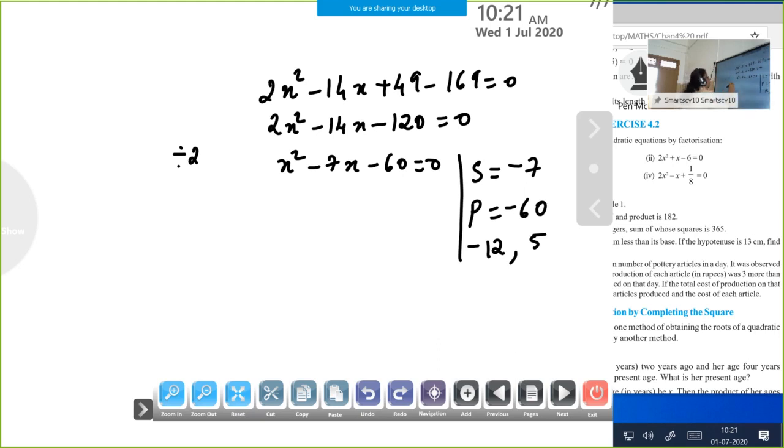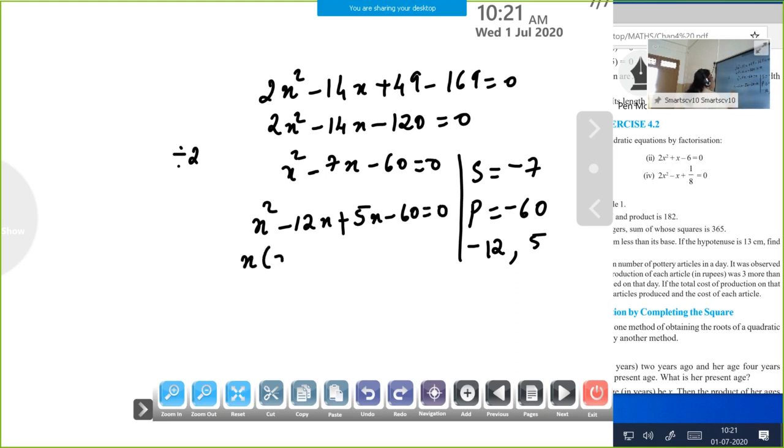Then split the middle term: x square minus 12x plus 5x minus 60 is equal to 0.